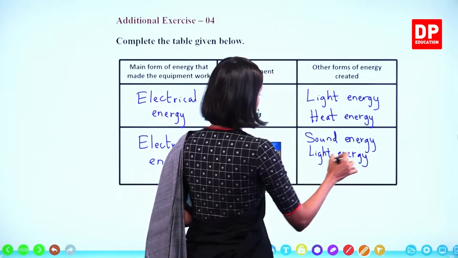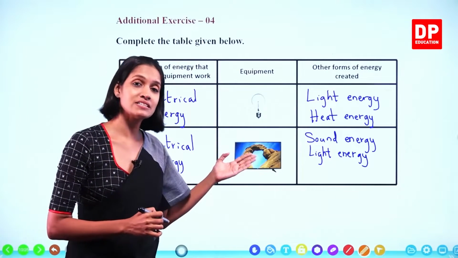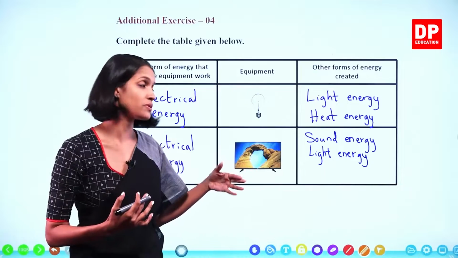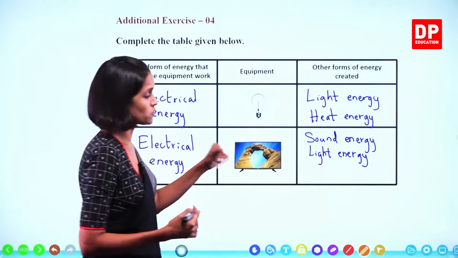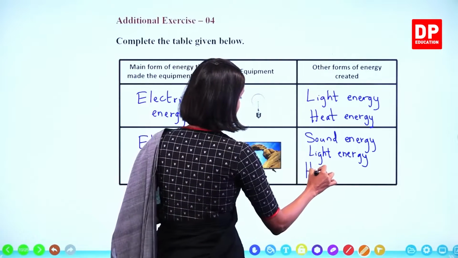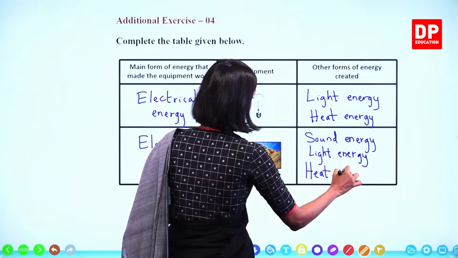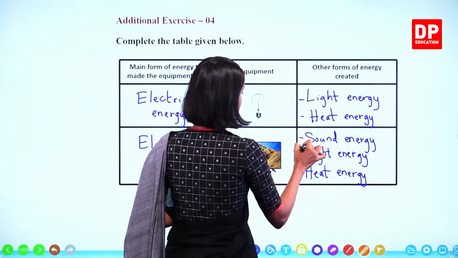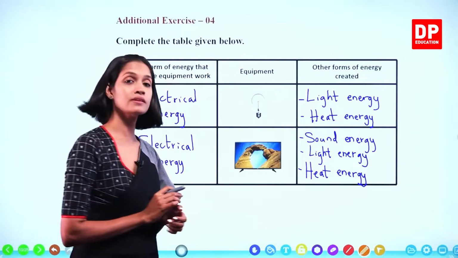And you all know that any kind of electrical appliance, when we use it for a certain period of time, it gets heated up. Therefore, heat energy is also correct. Heat energy. Right, children?